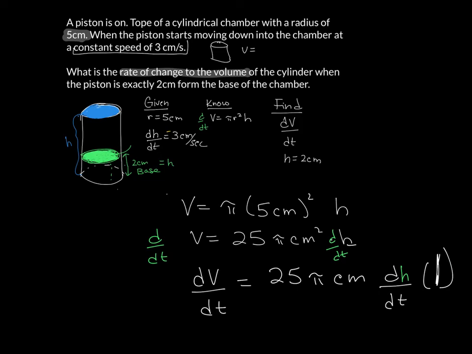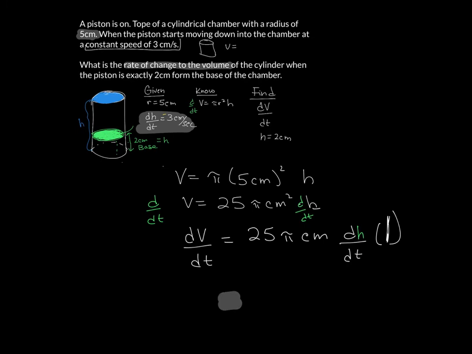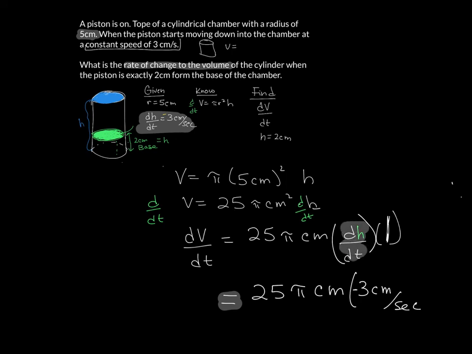We know, based upon our given information, that the derivative of h with respect to t is 3 centimeters per second. So now we're done. And we can just say all of this is equal to 25 pi centimeters times 3 centimeters per second, because again, that 3 centimeters per second is getting replaced with dh/dt.